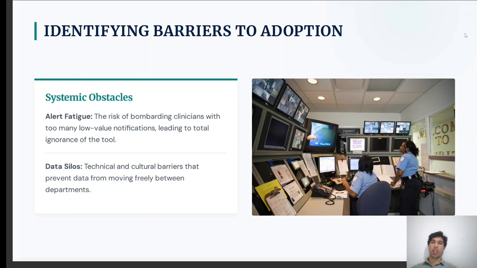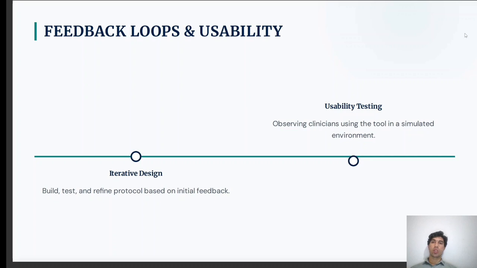And the next problem is the data silos, which are basically technical and cultural barriers that prevent data from moving freely between the departments. So we also need to tackle this problem. In order to properly make our project usable and maximize its clinical utility, we can use iterative design to build, test, and refine the protocol based on initial feedback.